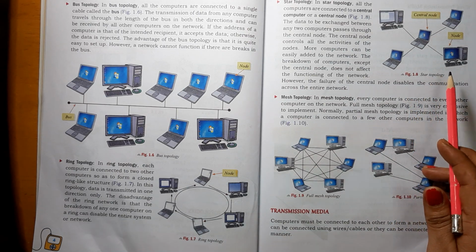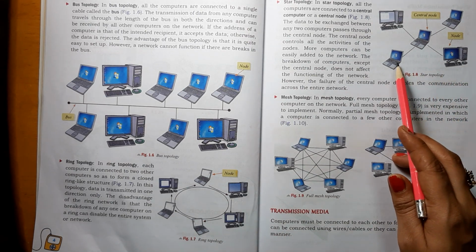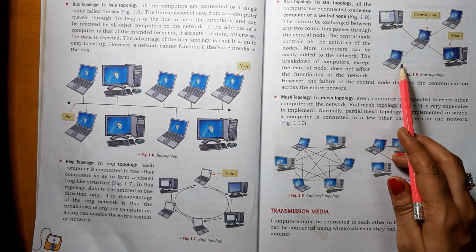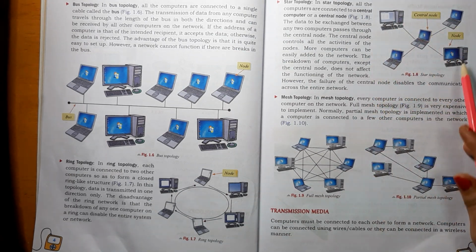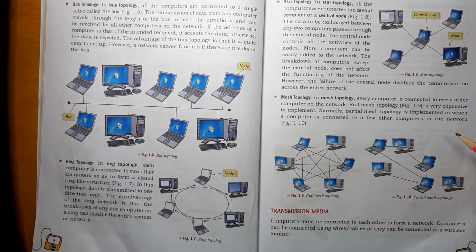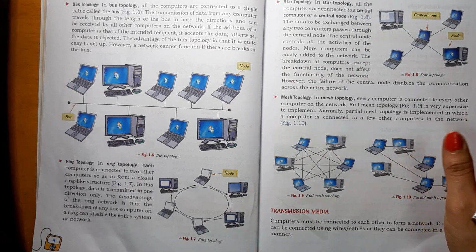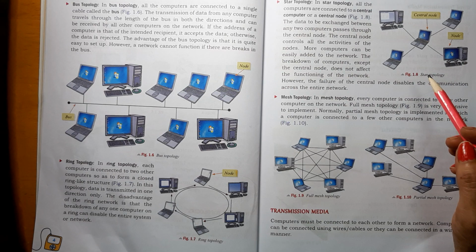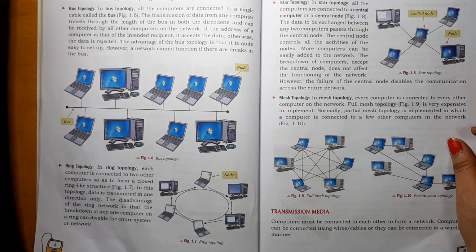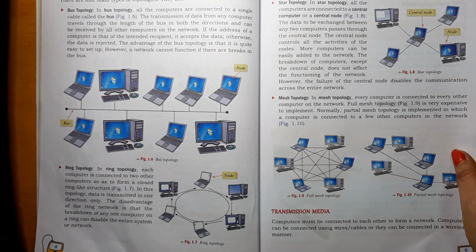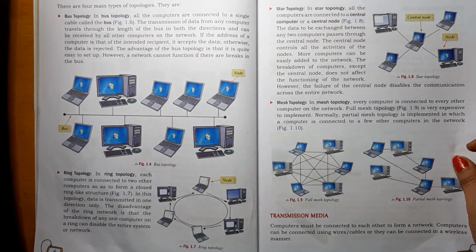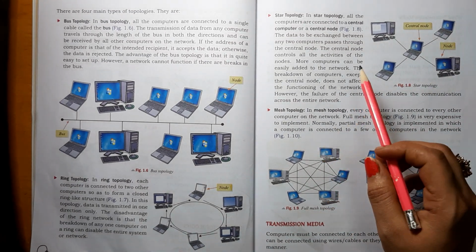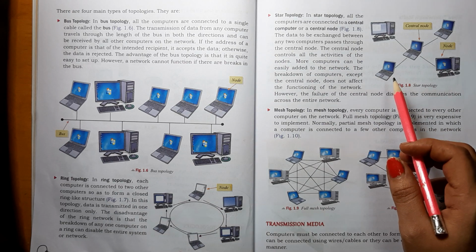The advantage is that even if one node is not working, it will not make the entire system a failure. But if the central node is not working, then the entire network will fail. So I hope that you understood about this topology, which is called star topology.